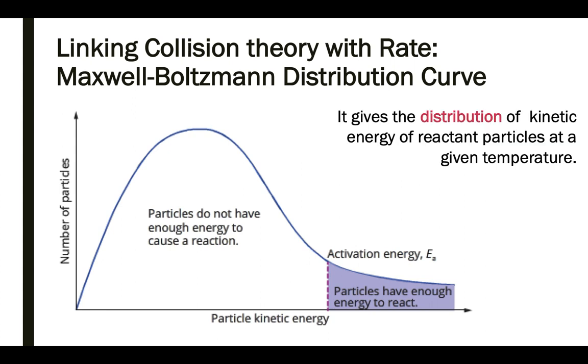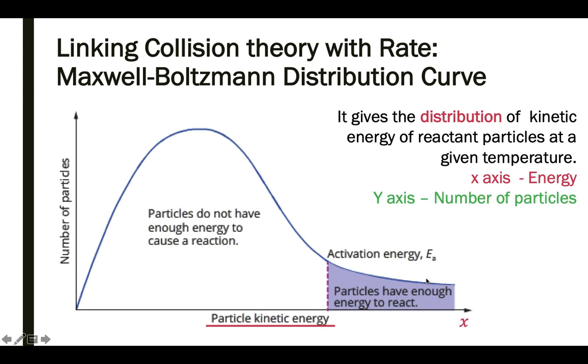So this is a distribution of kinetic energy of reactant particles at a given temperature. On the x-axis, the horizontal one, we're representing energy. When it goes towards the right-hand side, it has higher energy. And the y-axis gives you the number of particles with that particular energy.